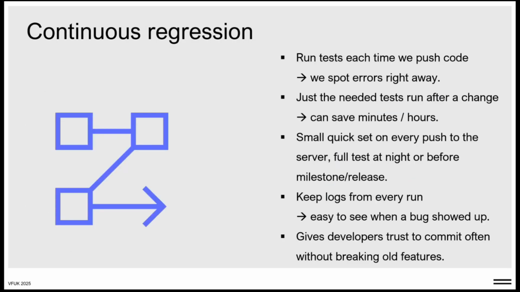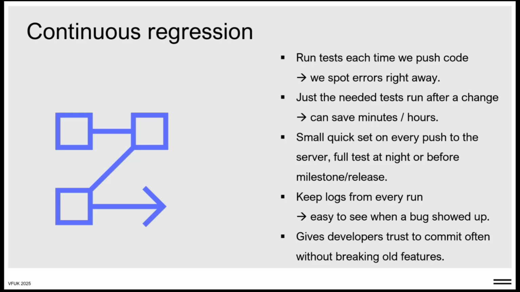Regression test automation with continuous integration also has several advantages. The test run gets automated and is run on every push to the server, so we will see errors right away. We can configure the runs so only the tests that matter are executed on every push, meaning we can get results quickly.